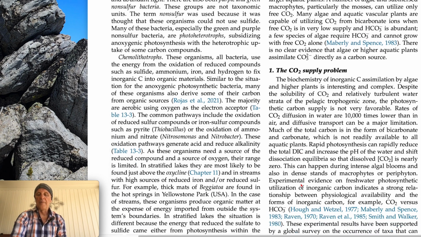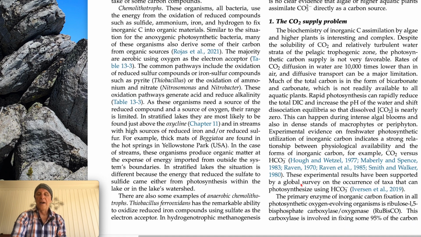The CO2 supply problem. The biochemistry of inorganic carbon assimilation by algae and higher plants is interesting and complex. Despite the solubility of CO2 and relatively turbulent water strata of the pelagic trophogenic zone, the photosynthetic carbon supply is not very favorable. Rates of CO2 diffusion in water are 10,000 times lower than in air, and diffusive transport can be a major limitation.